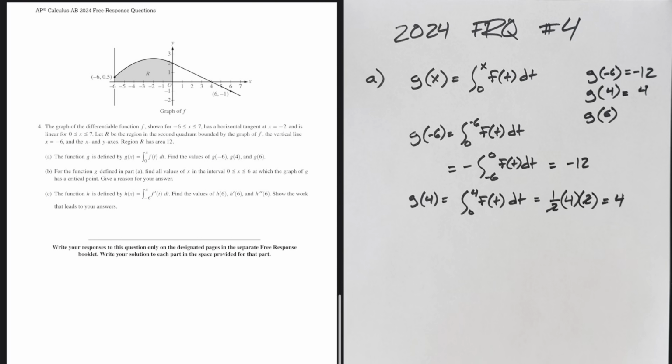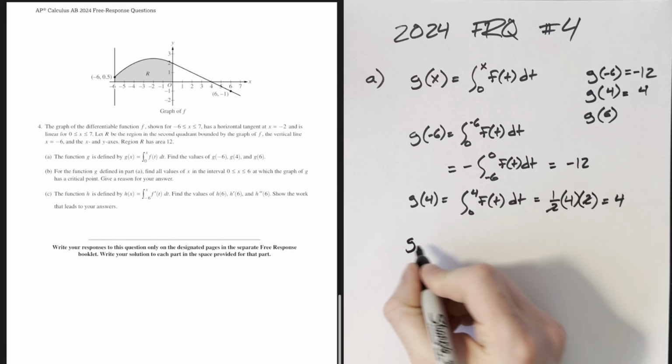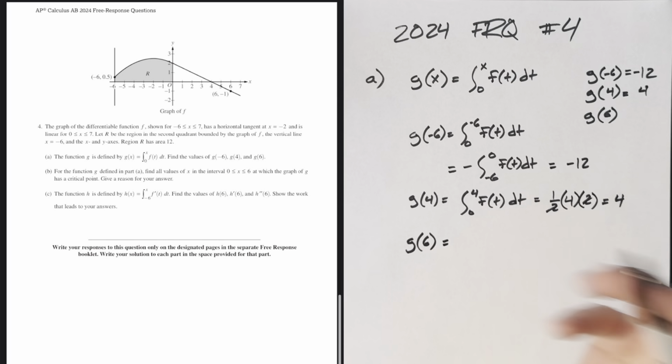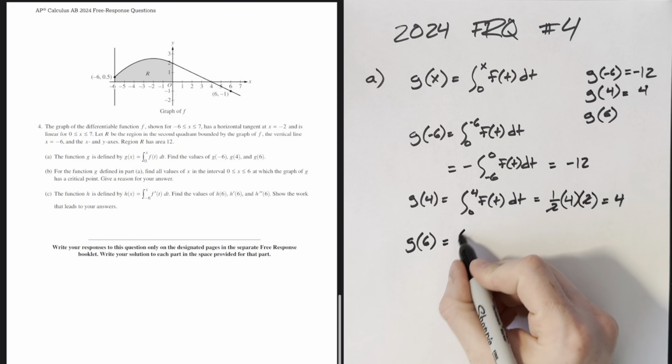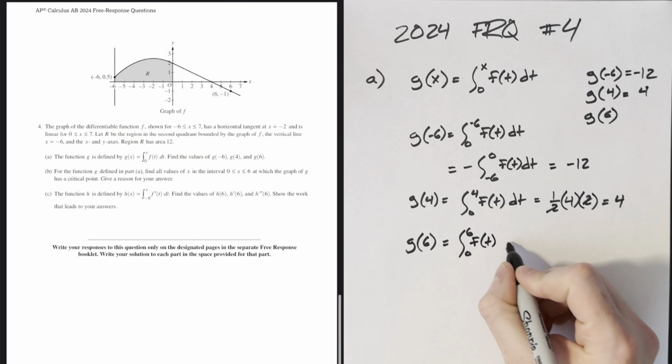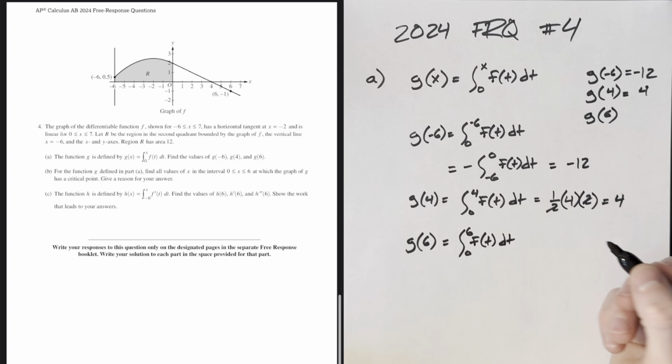Okay, super easy so far. We're 2 for 3. And now our final part, g of 6. This will give us the integral from 0 to 6 of f of t dt. Now, when we look at the function from 0 to 6, it's still that linear function we've seen earlier, but now there's a portion going below the x-axis.